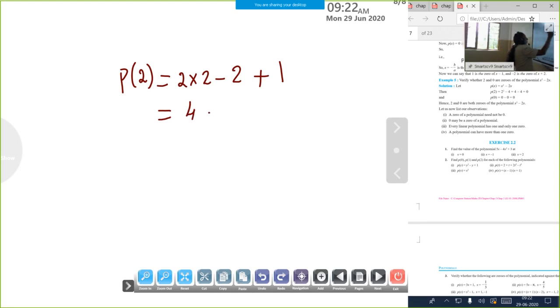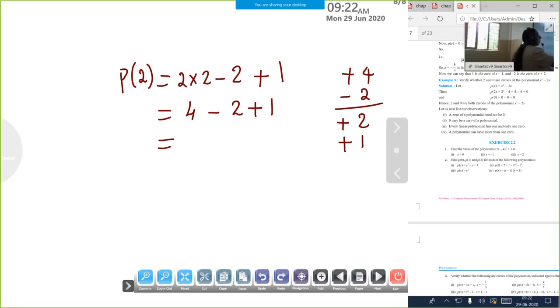What is 2 into 2? 4 minus 2 plus 1. When you solve it, plus 4 minus 2. What is plus 4 minus 2? Is plus 2. Plus 2 again plus 1. What is our final answer? Is plus 3. Our answer is 3. This way you find all the values of the expression.